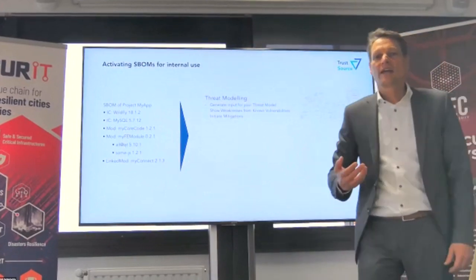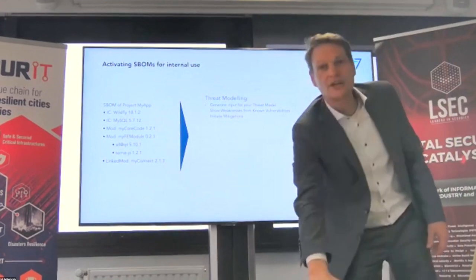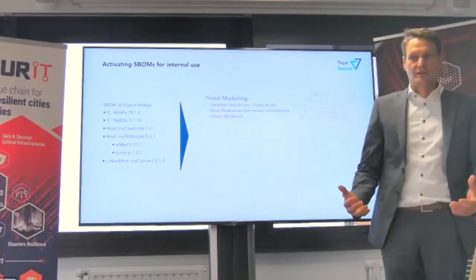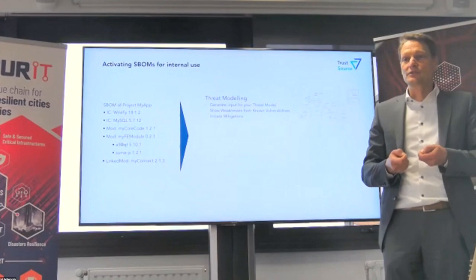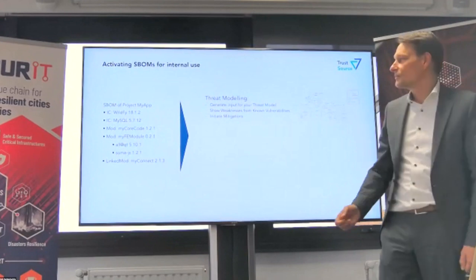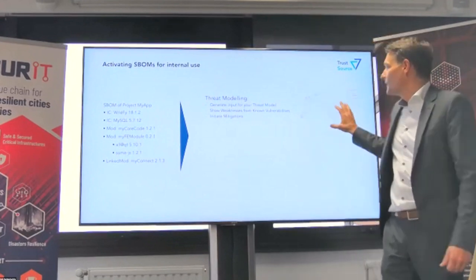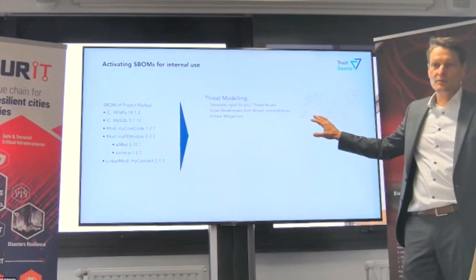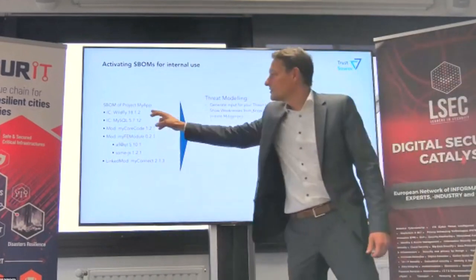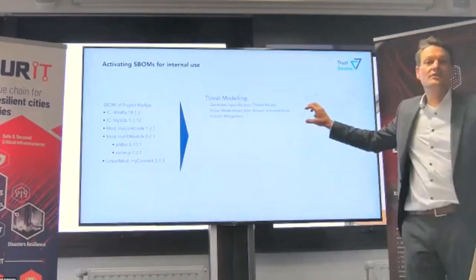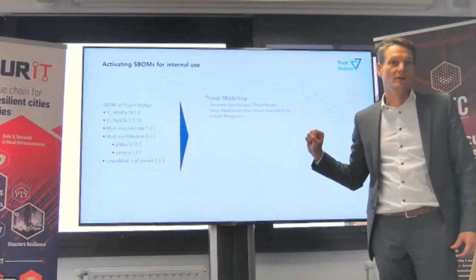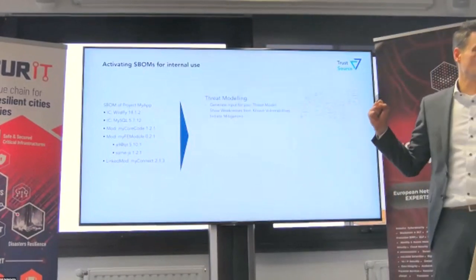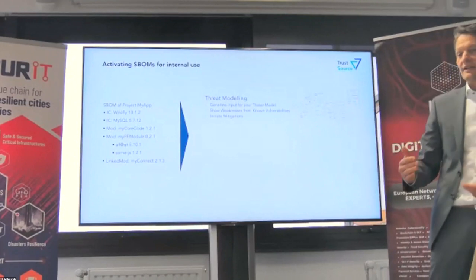So not only to say, hey, this is what we have put in, but to have a benefit from it. What is coming out of this when we activate this information? The idea was to have threat models, because all these are components that will appear more or less in your threat model. So you can build a threat model from here instead of starting from scratch.